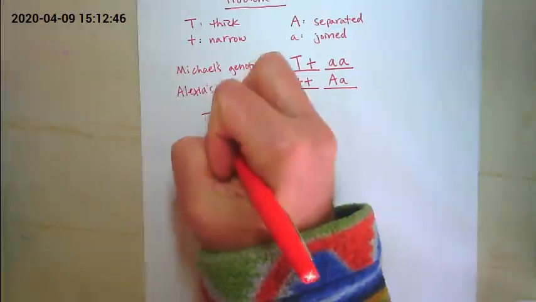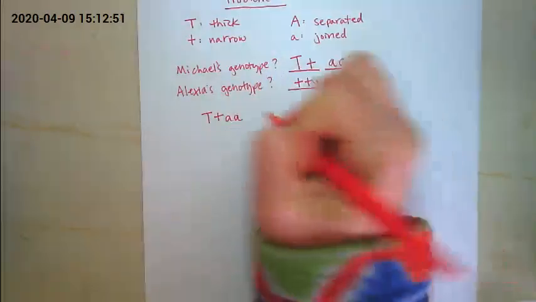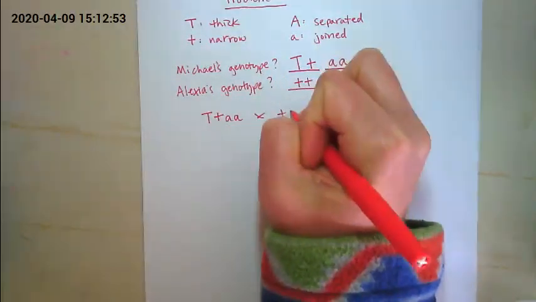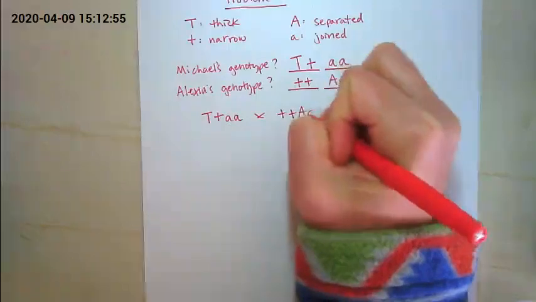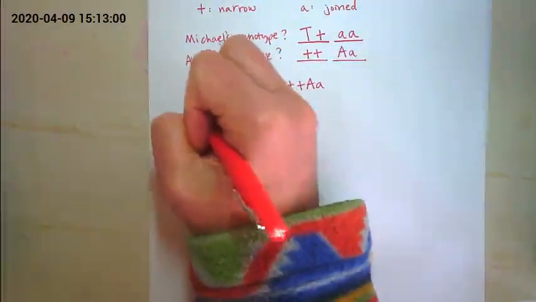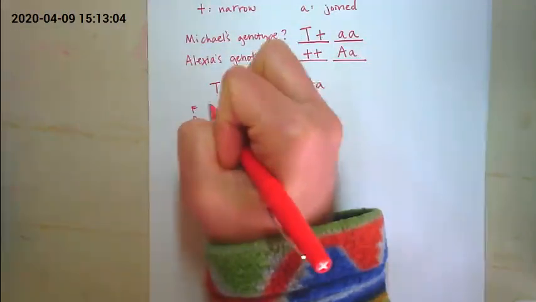But I'm going to do it anyway since I'm already here. So let's cross. We're going to foil. Let's foil Michael.